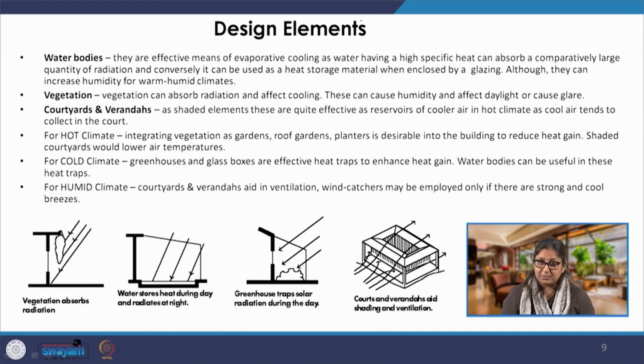Once we have selected the plan form, we check the design elements that are going to be used. For example, we may be using courtyards. In hot climates predominantly, we prefer to use courtyards. Courtyards aid in the nighttime purging, night ventilation, and if you remember the last slide of the last lecture, we saw that if the temperatures are higher and humidity is in the moderate range, then we need to facilitate night ventilation.